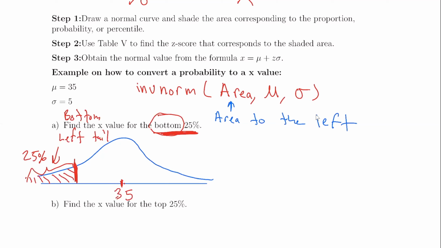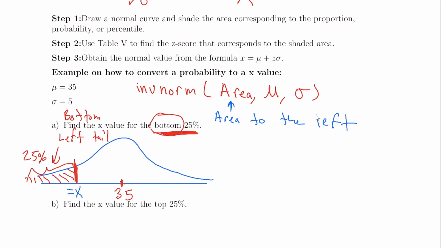So we want to find the X value that corresponds to that cutoff, because we want to know what X value cuts off the bottom 25% from the top 75%. That's pretty much what we're doing. We have the bottom 25%, but it's also cutting off the top 75%. So we have to see what X value causes this separation.